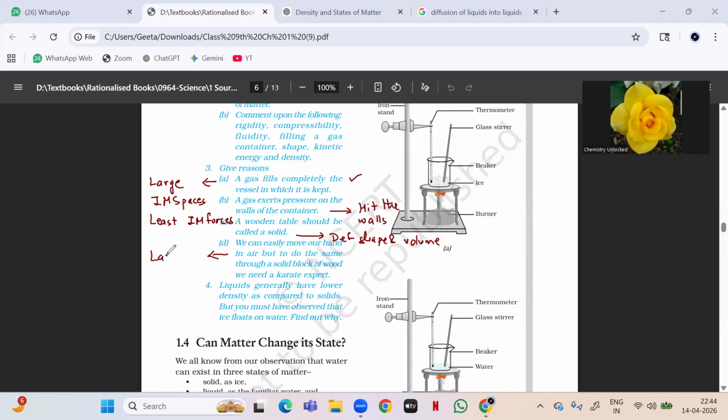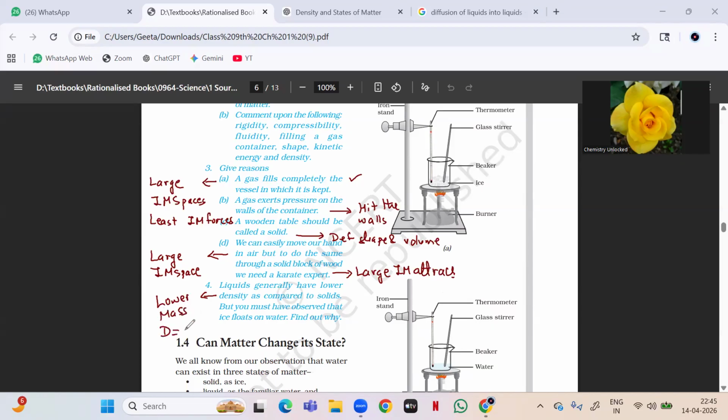Because air has large intermolecular spaces, and wood has least intermolecular spaces and large intermolecular attractions. The liquids generally have lower density as compared to solids, because liquids have a lower mass as compared to solids.